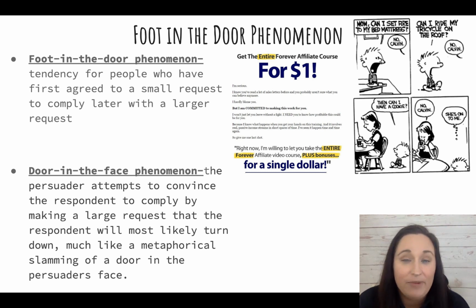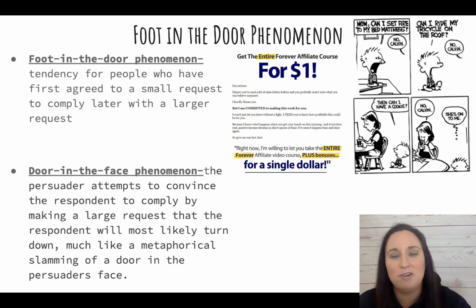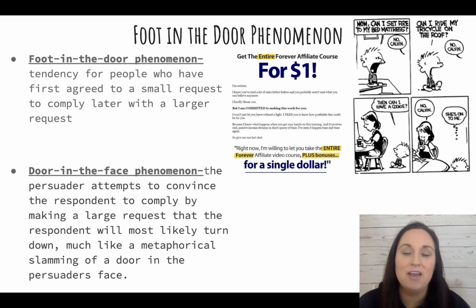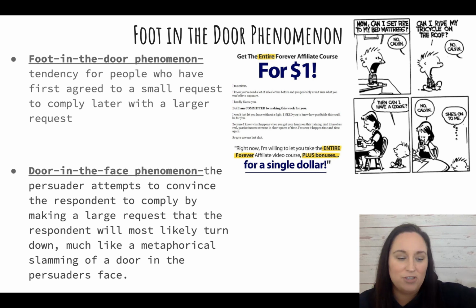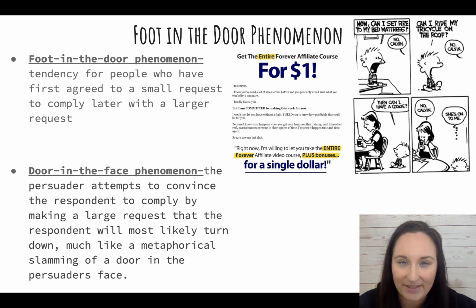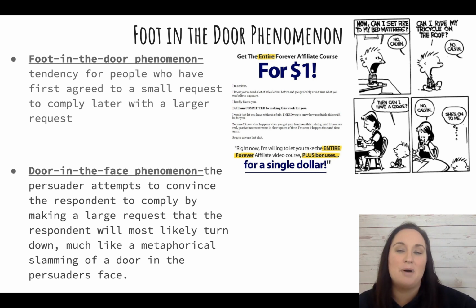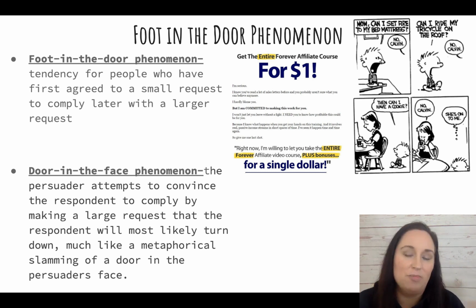Then you get there and they might say, let's go for a drive in one of our cars. Small request, you're not committing to anything, right? So the more they can get you to do these small requests, they can keep building up until there's a larger request, the purchase of a car, which would be a big request, right? So foot in the door means you start out small with your requests and they grow bigger.